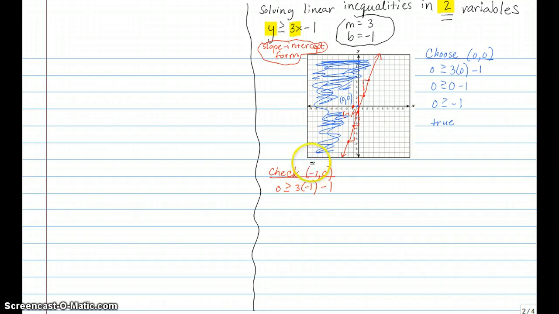Your -1 is your x. So 0 is greater than or equal to -3, and I'm going to go plus a -1. 0 is greater than or equal to -4, that is true. So this -1, 0 is a solution. And you can see that on the graph it is a solution.